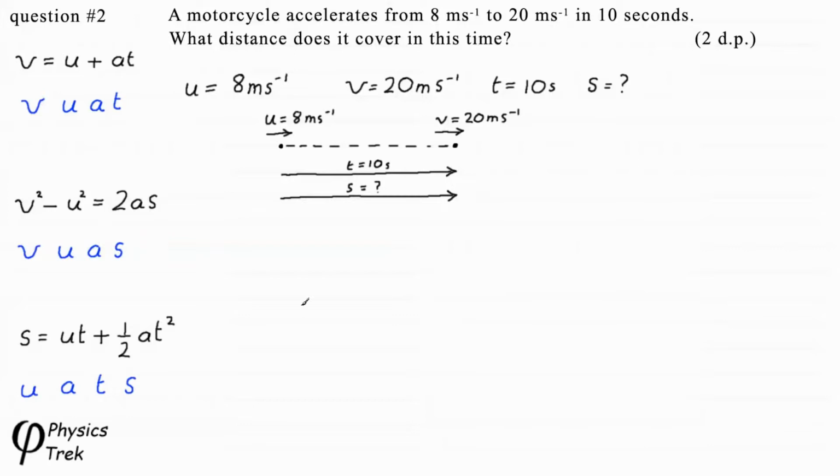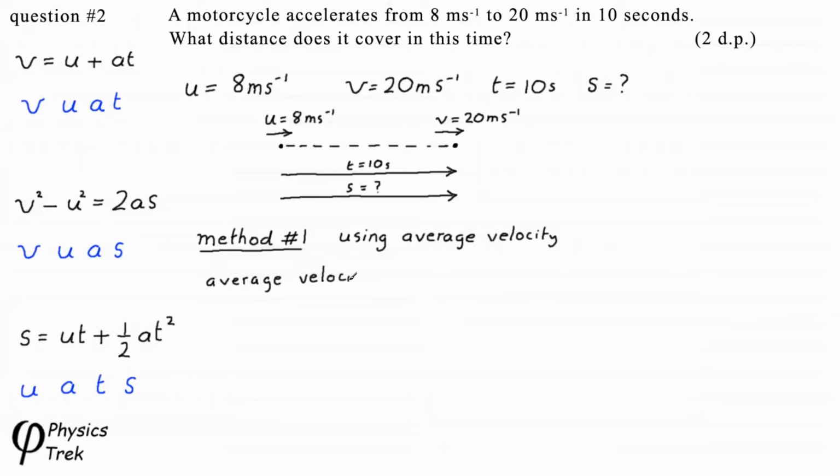Okay, and now to the question. Remember, there are two methods. This is the first method, method number 1, and we're going to work out the distance S using average velocity. Now, by definition, average velocity, let's call it VAV, is equal to U plus V divided by 2.